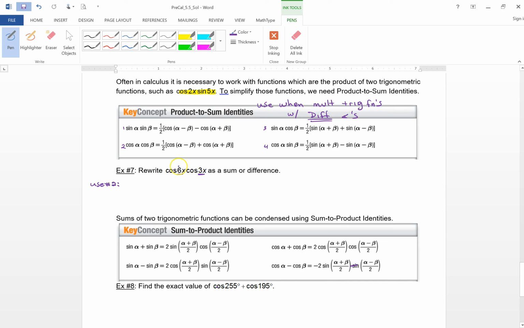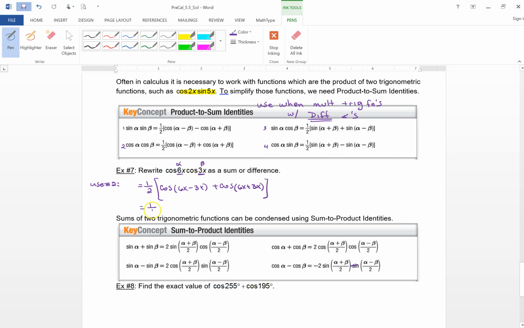All right, so here, this is my alpha, this is my beta. So this is going to be half, in brackets, cosine of alpha minus beta, 6x minus 3x, plus cosine of alpha plus beta.